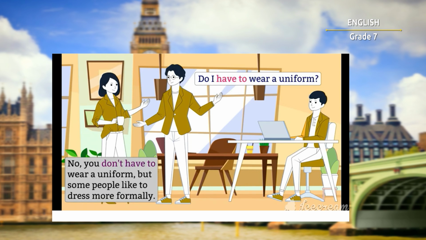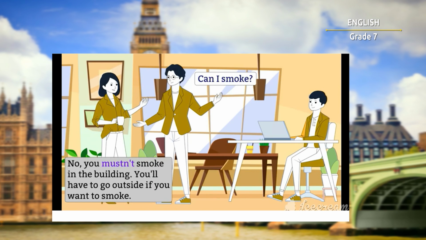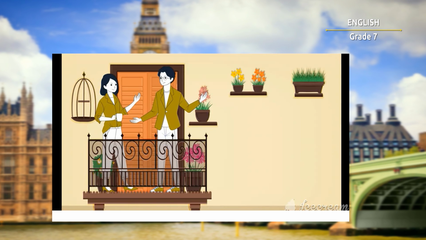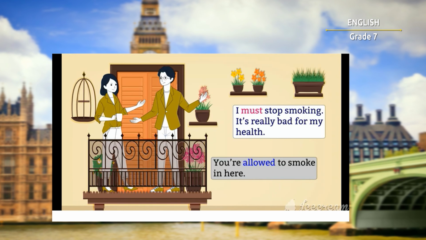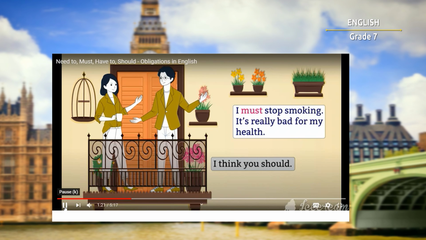No, you don't have to wear a uniform, but some people like to dress more formally. Can I smoke? No, you mustn't smoke in the building. You'll have to go outside if you want to smoke. You're allowed to smoke in here. I must stop smoking. It's really bad for my health. I think you should.